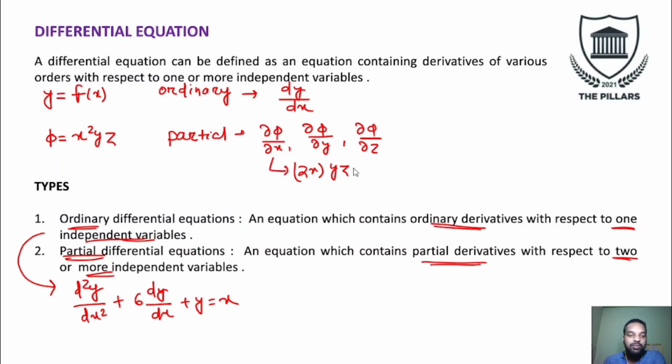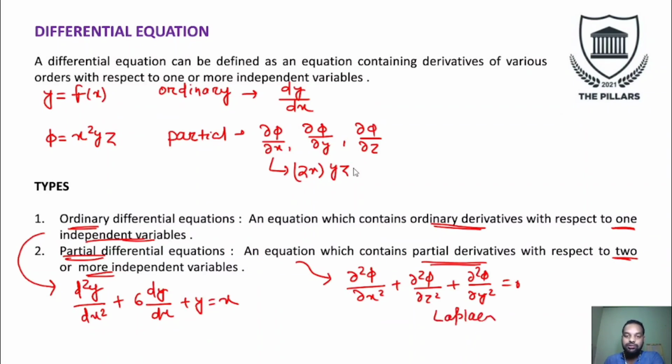An example of a partial differential equation you have already encountered in electromagnetic theory, that is the Laplace equation: ∂²φ/∂x² plus ∂²φ/∂z² plus ∂²φ/∂y². This is the Laplace equation; you must have heard about it.